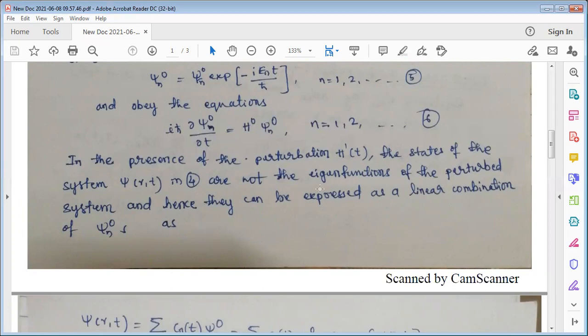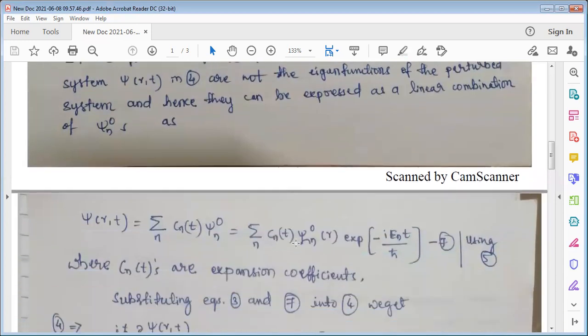Otherwise, if the eigenfunctions are connected to the perturbation, they cannot be expressed as a linear combination. So here, these eigenfunctions are not connected to the perturbation h dash. Therefore, I can expand them, or express them as a linear combination as below.